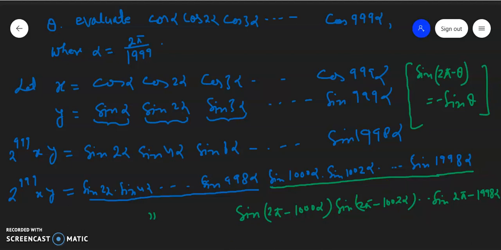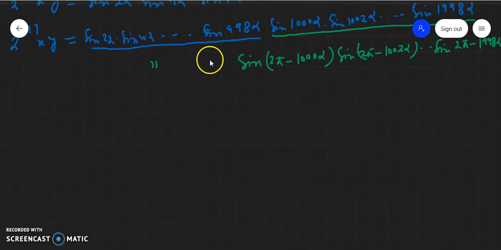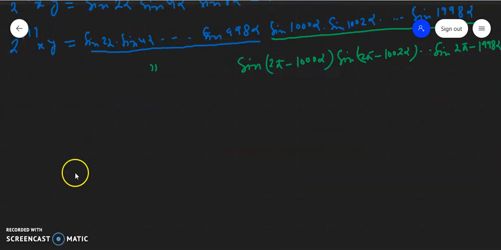So this is the product. Now 2 to power 999 xy is equal to this, with the first part as it is.